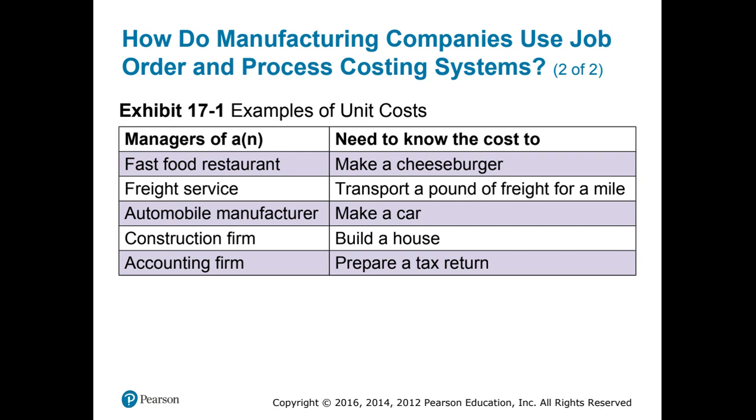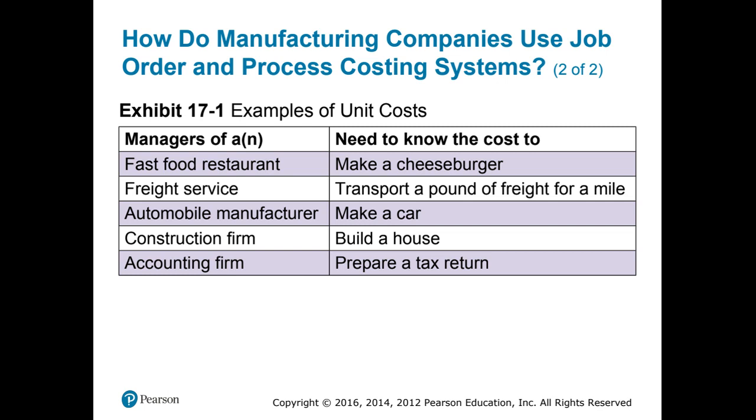So we have some examples of unit cost. When we think of managers in a fast food restaurant, they need to know how much it costs to make a cheeseburger. If they don't know, they might sell the cheeseburger for not enough money, and end up going broke because they're not making enough to cover how much it costs to make that cheeseburger.